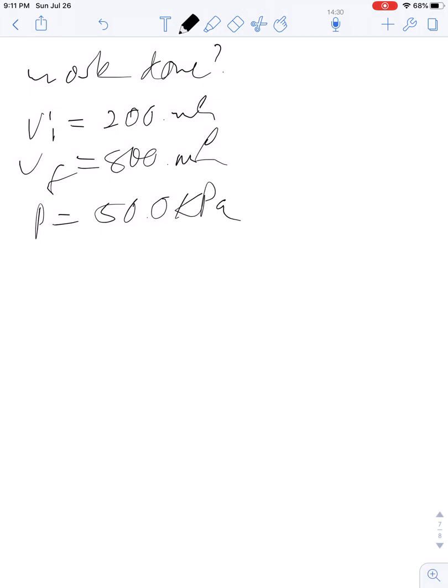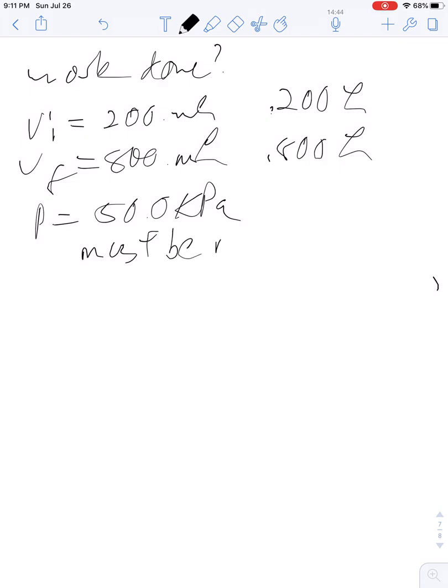Now my volume must be in liters. So I have to convert this to liters. Pressure must be in kPa. So if they give you pressure in atmospheres or anything else, you must convert to kPa.